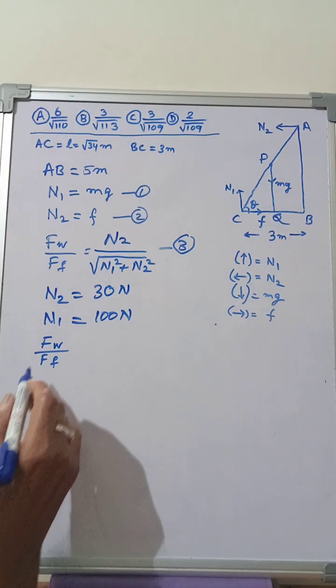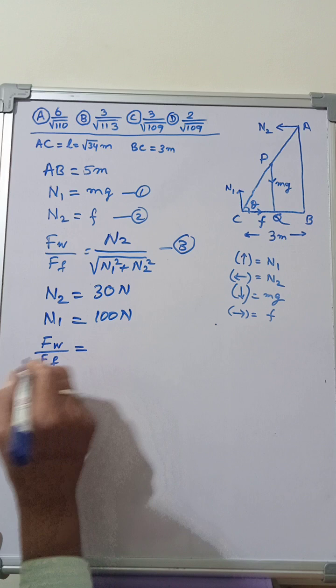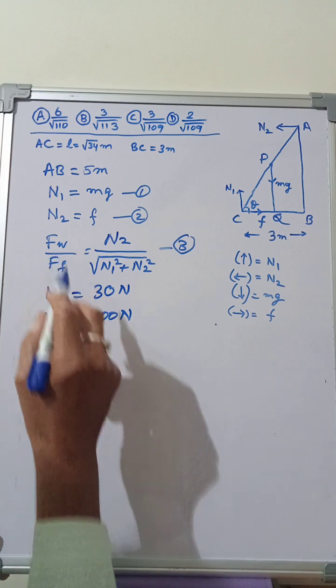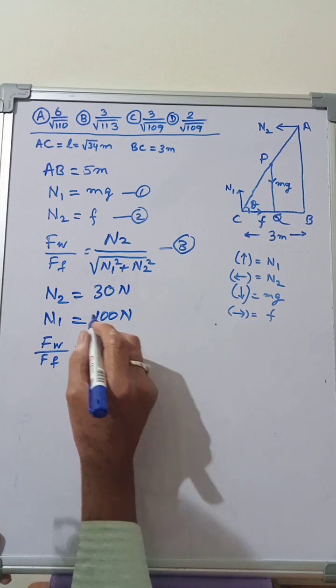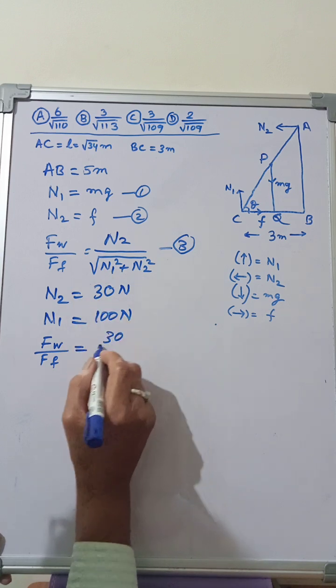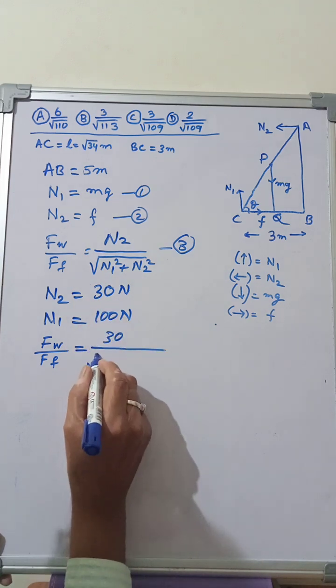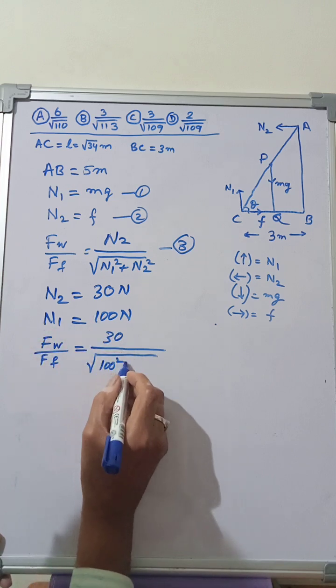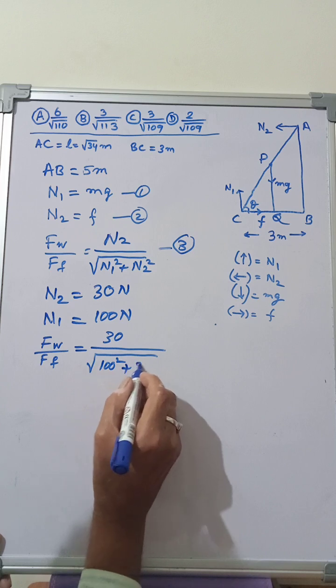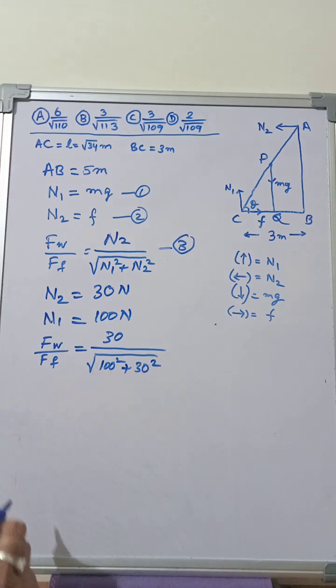Therefore, the required ratio FW by FF is equal to, what is FW? FW, this is your N2. N2 is 30 divided by root over N1 square, 100 square, plus N2 square, that is 30 square.